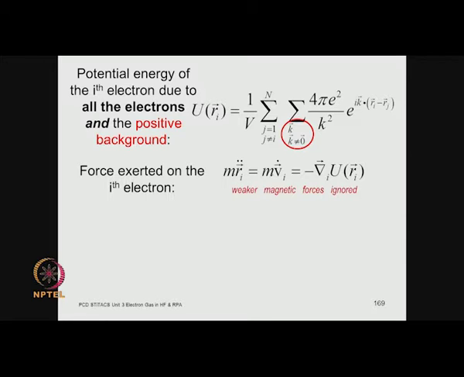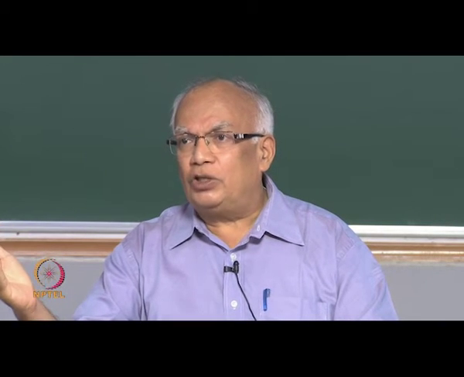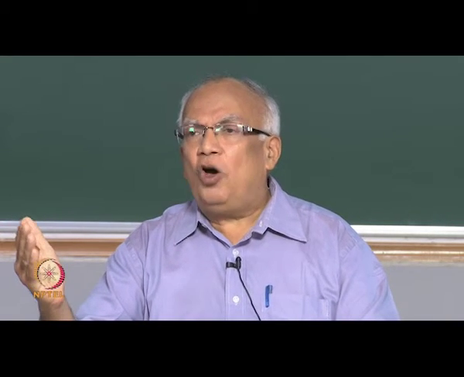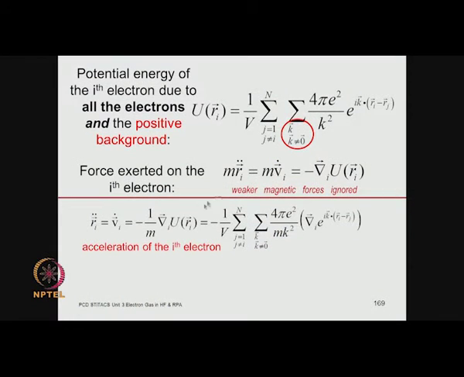Of course, if charges are in motion, they will generate magnetic fields, and the magnetic field will in turn exert a force on this charge, which will go as v cross B, that is the Lorentz force, right. That is typically a lot weaker than the forces we are considering, and those weaker magnetic forces we are ignoring in this analysis.